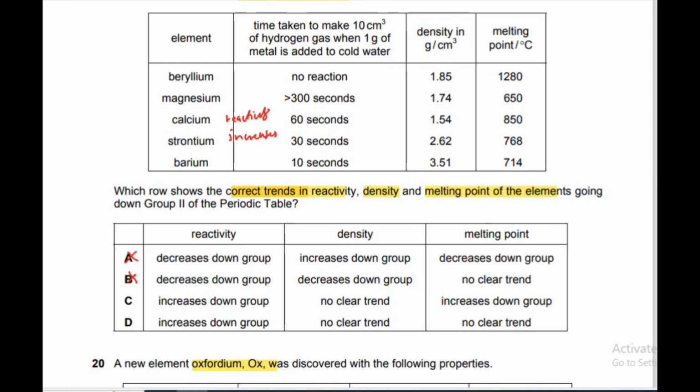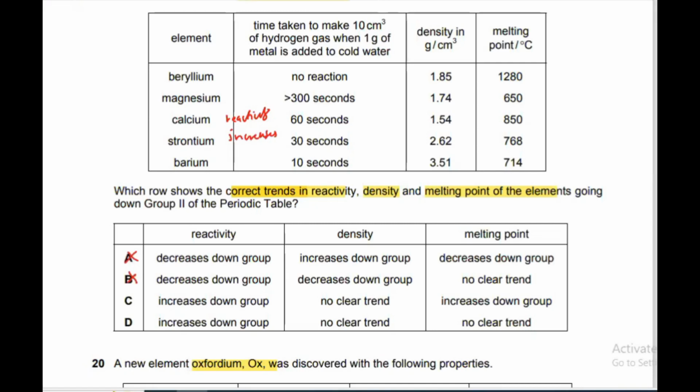Then density. If we look at the density, 1.85, 1.74, then 1.54, 2.623. There is no clear trend. So, C and D, no clear trend. Now look at the melting point.